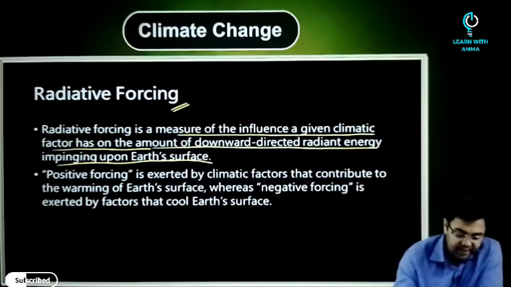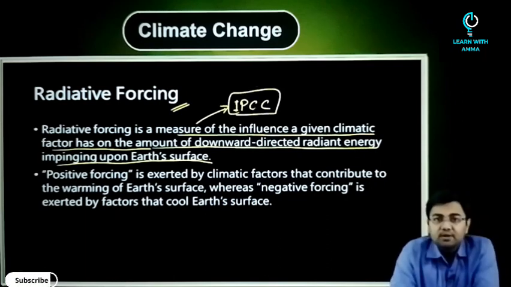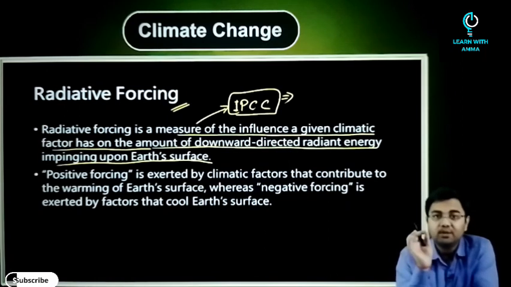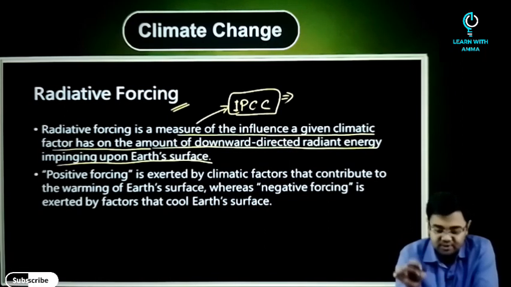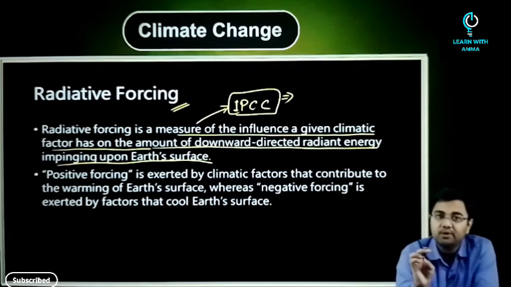So what do I mean? And this basically was a definition which was given by IPCC. So please remember that IPCC is the most important organization with respect to climate change. All the reports that are being published by IPCC are going to be very, very important.